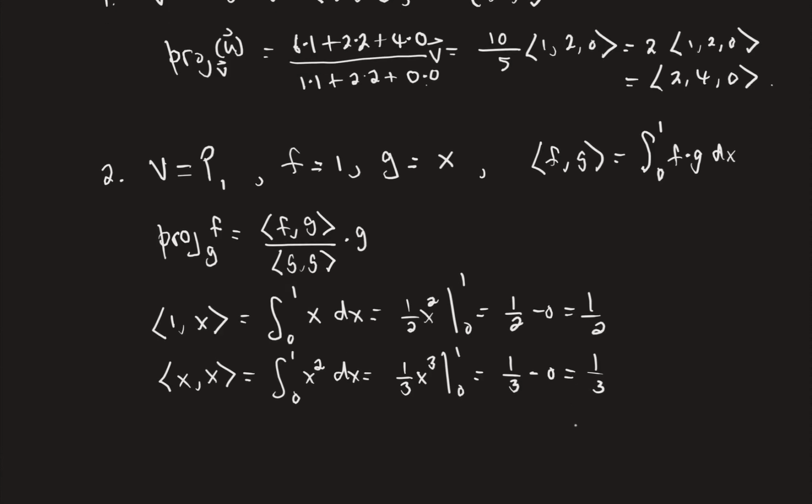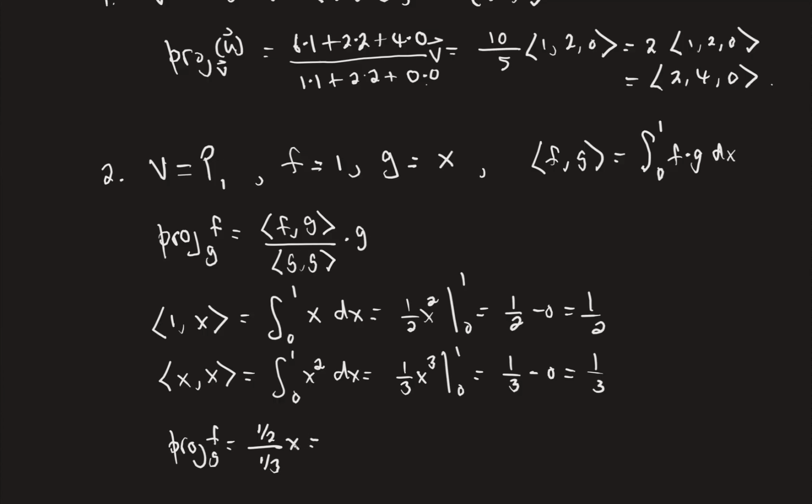Then putting it all together, whatever this means in terms of closeness, here is the scalar multiple of the g function that is closest to the f function. Our projection of f onto g is 1/2 divided by 1/3 times x.